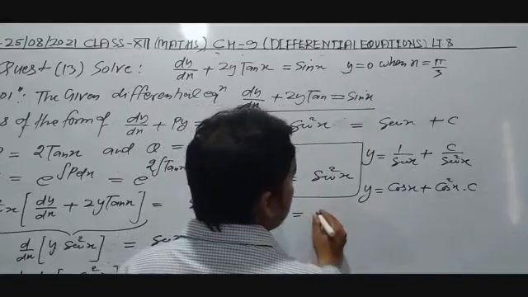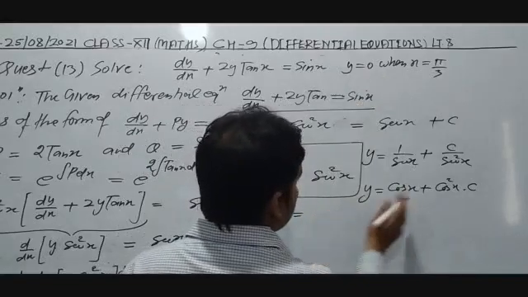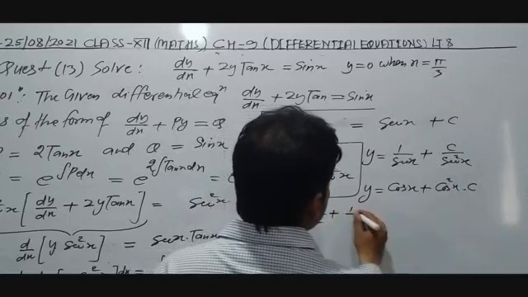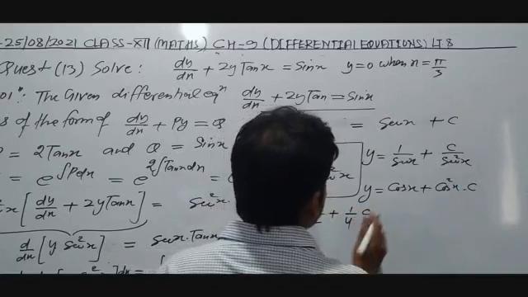So 0 is equal to cos pi by 3, which means cos 60, the result is 1 by 2, plus 1 by 4 c.